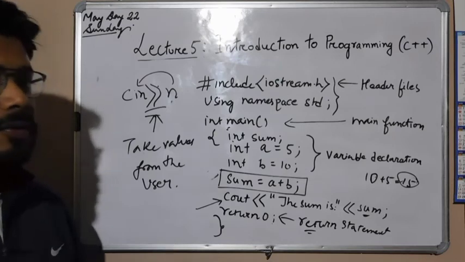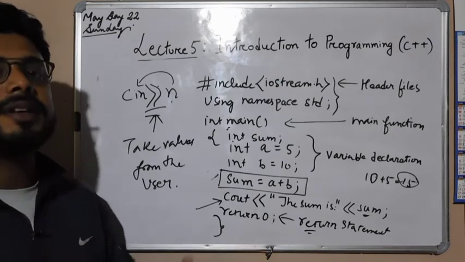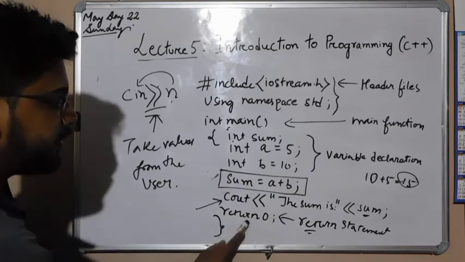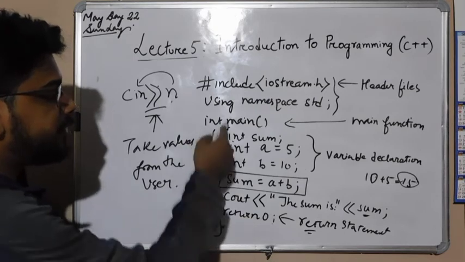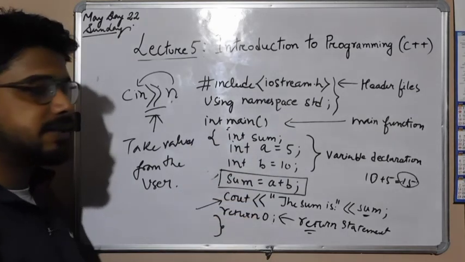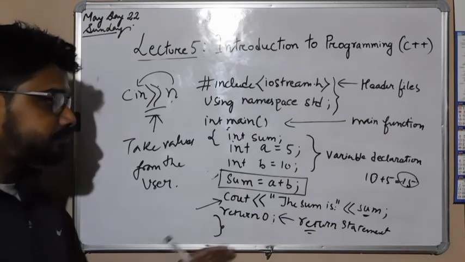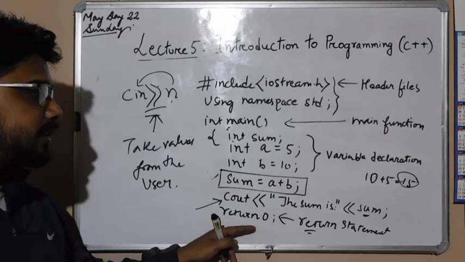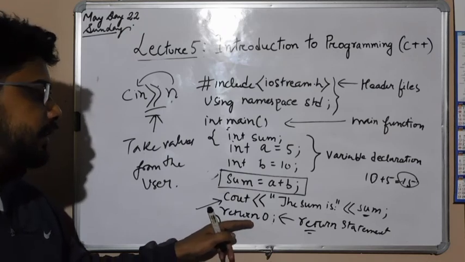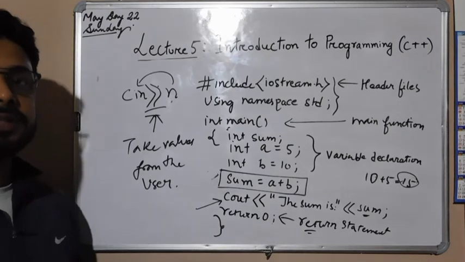Similarly in WhatsApp, when there is a blue tick, you are sure that okay, the other person has read it, right? So in the same way this works. So return 0 is an indication to the main function that okay, this program has executed successfully, and it can be compiled now, or the result can be shown now, right? So it is giving an indication to the main function that the program execution was successful.